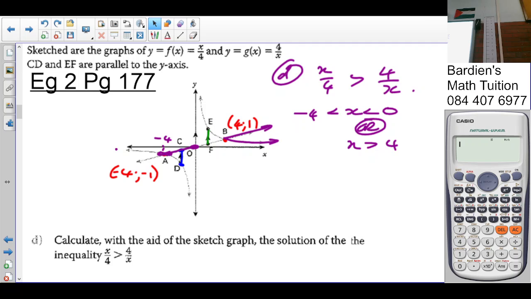Are you all okay with that? Right, the homework is number 2. Let's cut this quickly.